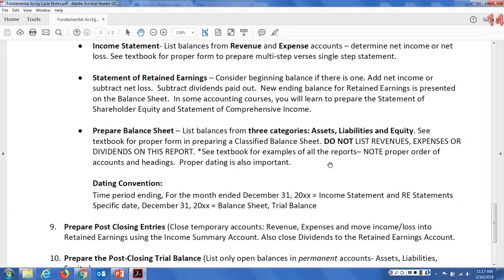For your balance sheet and trial balance, this is like a snapshot. It's for a specific date. So on December 31st of that year, these were the balances in these accounts. The dating convention does matter.